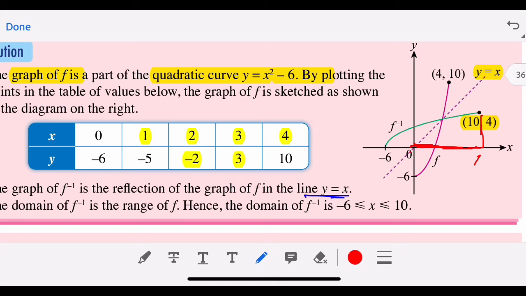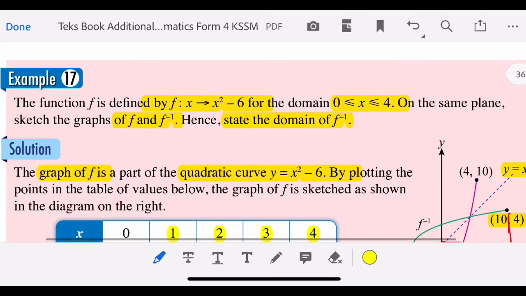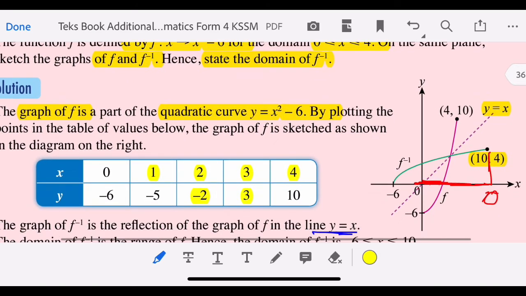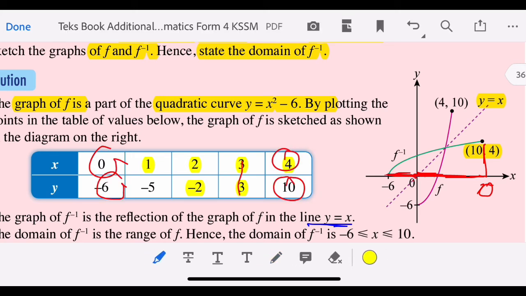The range is from negative 6 to 10. For the y, negative 6 to 10, and for the x, 0 to 4.